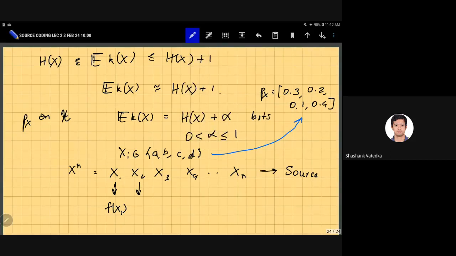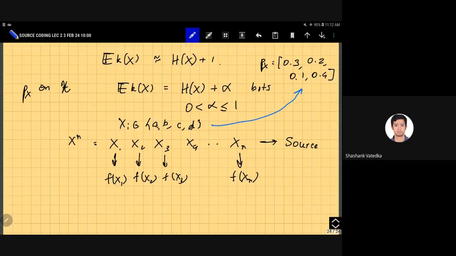So we encode each symbol separately, and then we concatenate this. We design the Huffman code for px, and then we do symbol-wise encoding of all the n symbols, and then concatenate this.